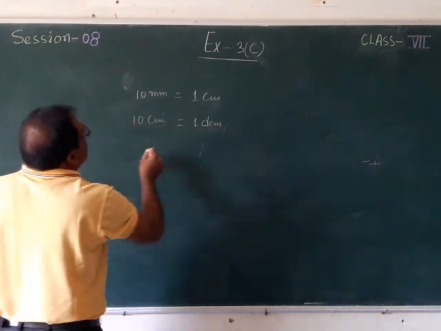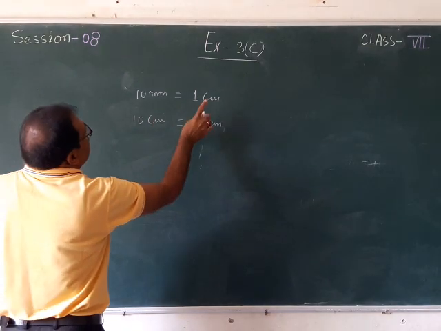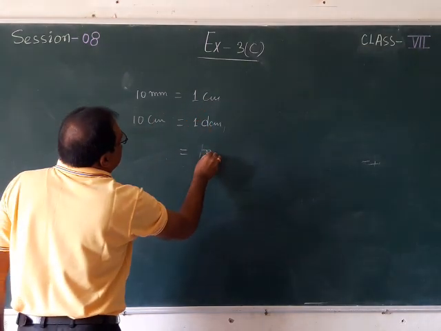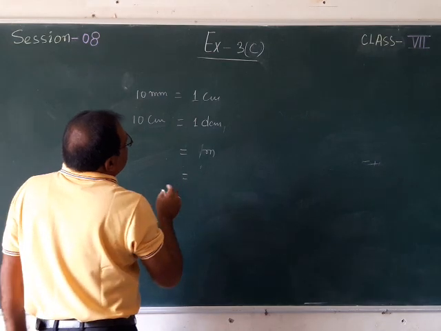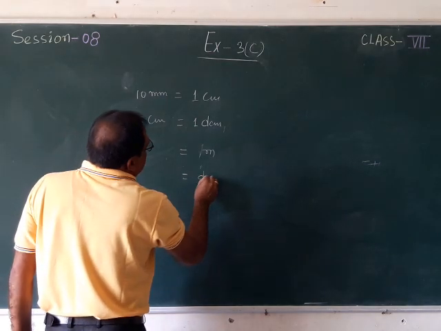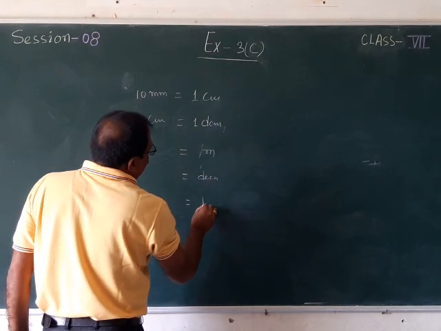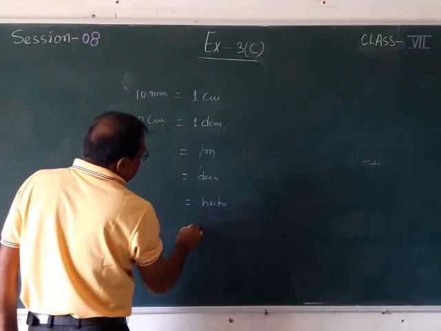DCM means decimeter. Milli, centi, decimeter, then it is meter. Milli, centi, decimeter, meter, then deca, then hecto, then kilometer.